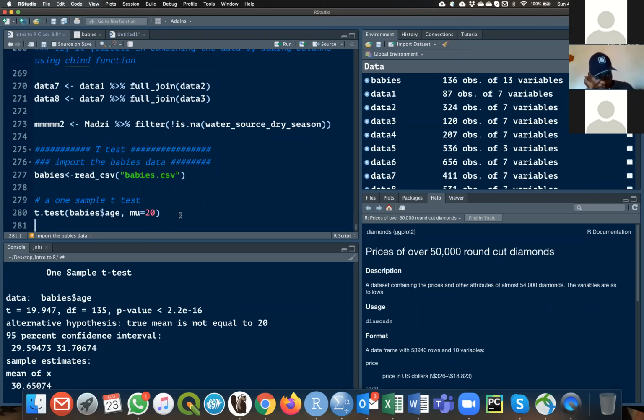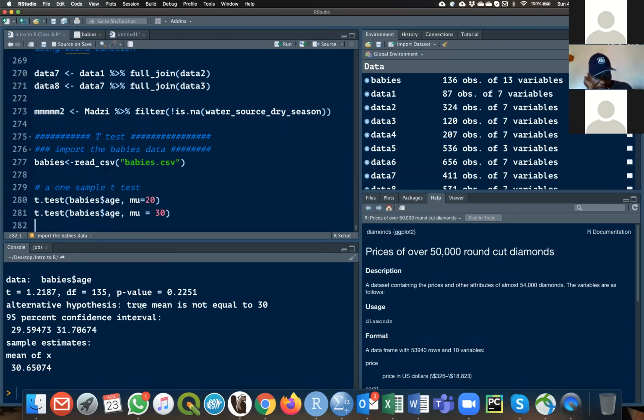So I will do the same t-test, and I'll use babies, that's my data set, and I'll pick the very same age. And then I'll say mu is equal to 30, for example.